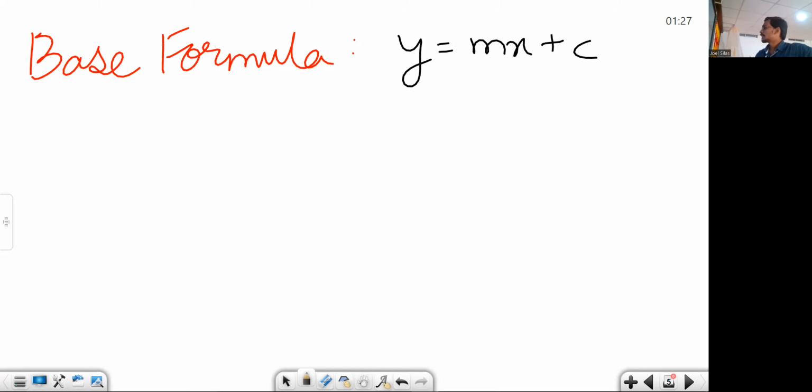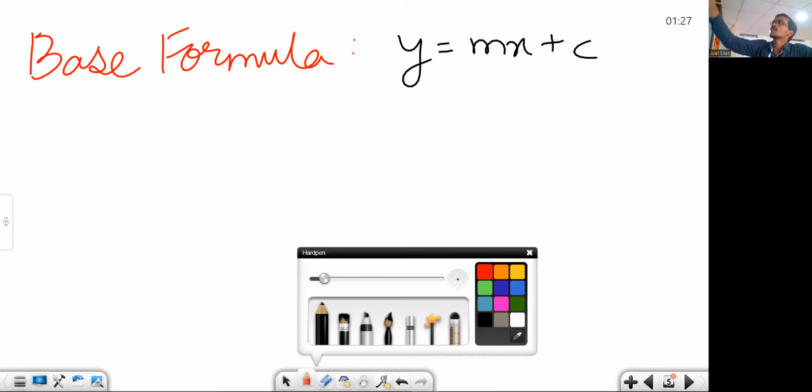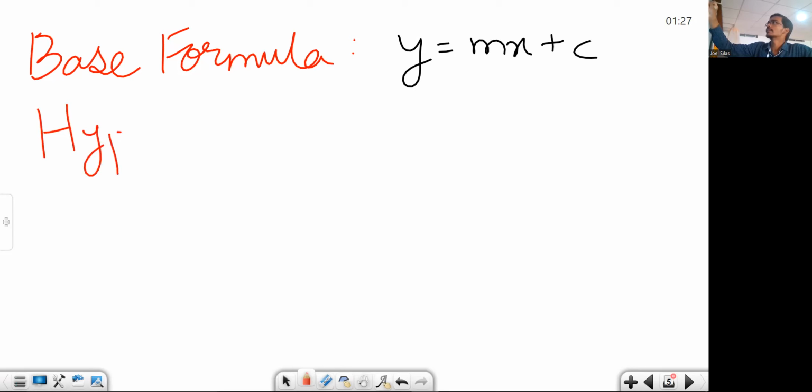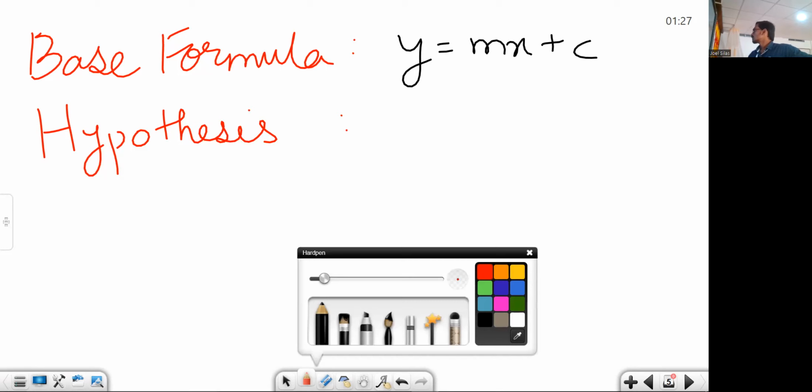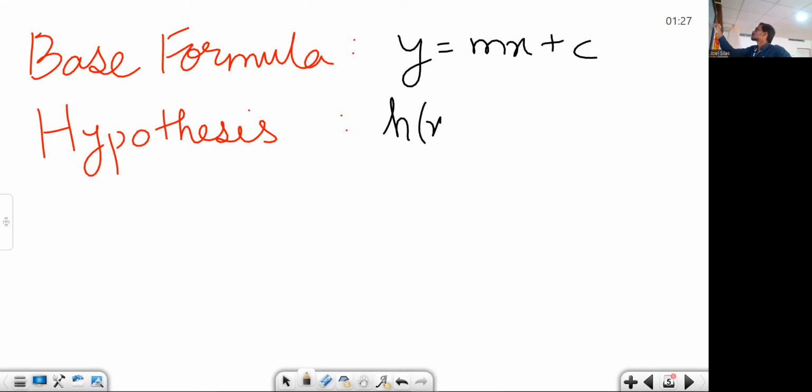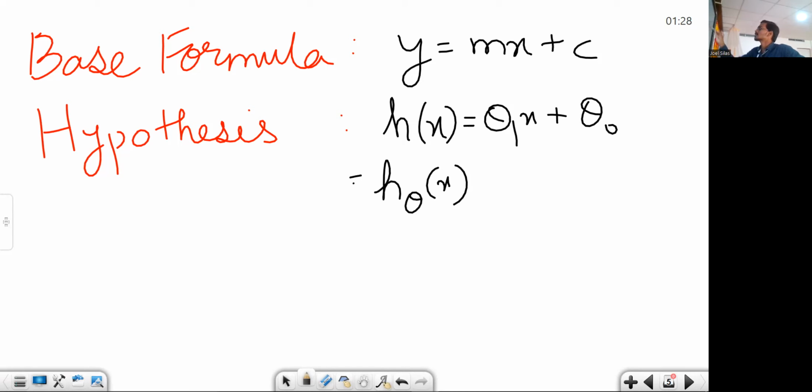From this, or similar to this, we generate the hypothesis, which states that h of x is equal to theta 0 plus theta 1x. Sometimes instead of h of x, we can also write h theta of x. They both mean the same thing, okay? No need to get confused between them.